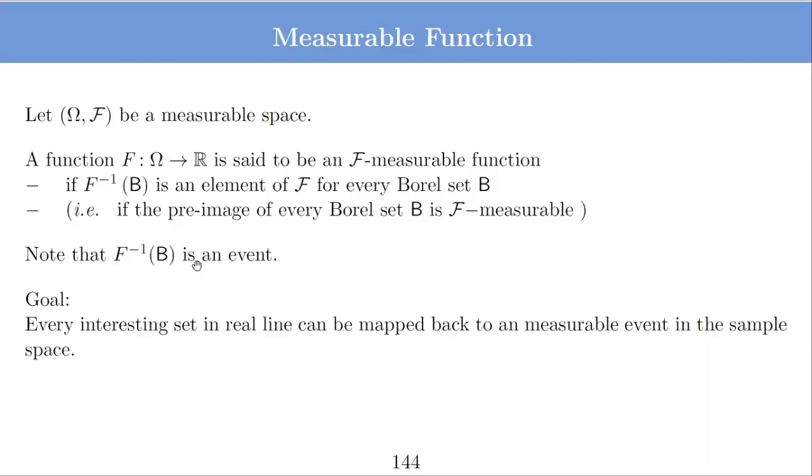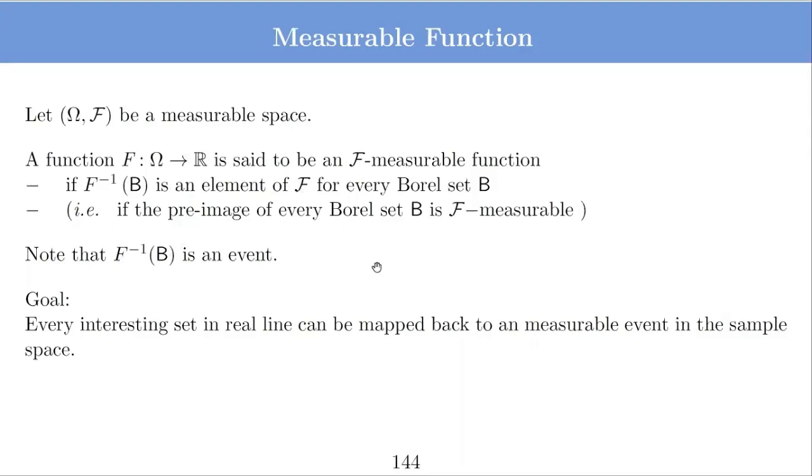So our goal is that if we force f to be F measurable, then we force f inverse B, which is an event, to be in the sigma algebra F for every possible Borel set.